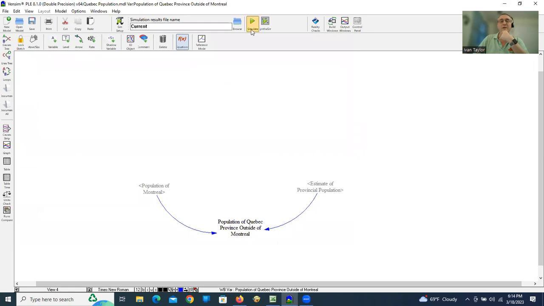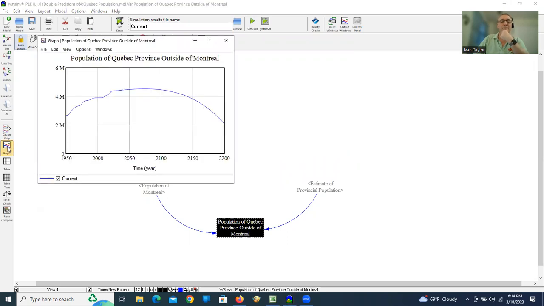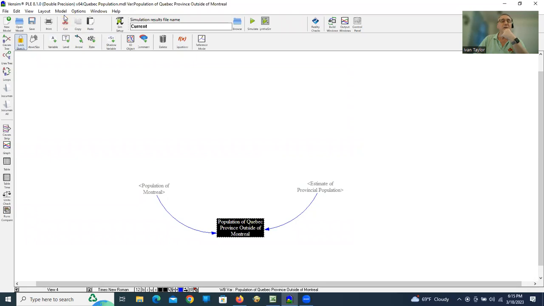And when we run this, we see that the population outside of Montreal drops considerably over the years. And so this might be a little contradictory. You would see this, for example, if you run this model out further.